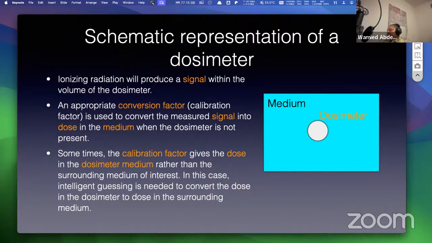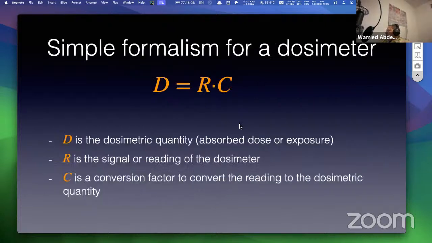But we could have, for example, a chamber with an NDW calibration coefficient. In that case, multiplying the charge by the NDW of the chamber immediately gives us the dose in the medium when the chamber is removed. Okay, so we looked at both of these examples.